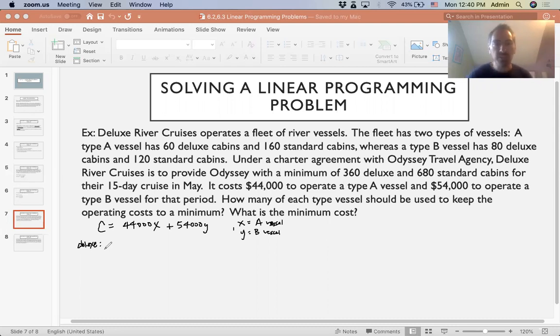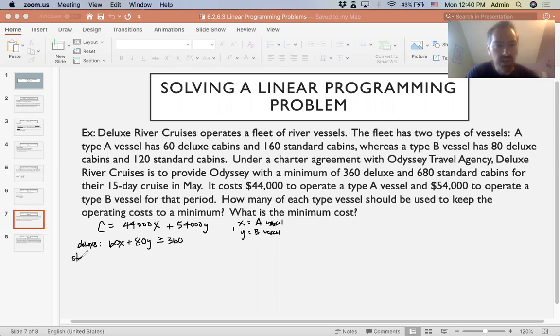And so we have 60 deluxe cabins on the type A vessel, 80 deluxe cabins on the type B vessel, right? So we could set that up as 60x plus 80y, and that's got to be greater than or equal to 360.